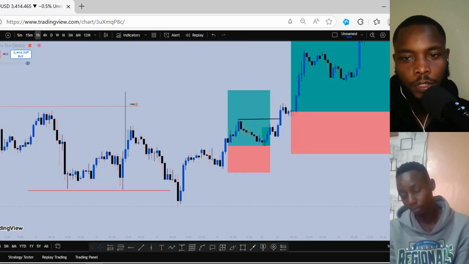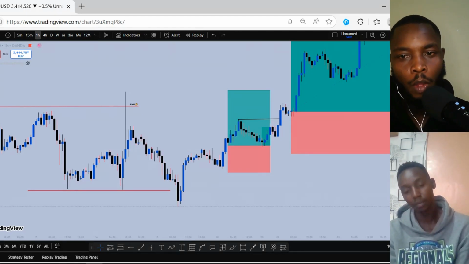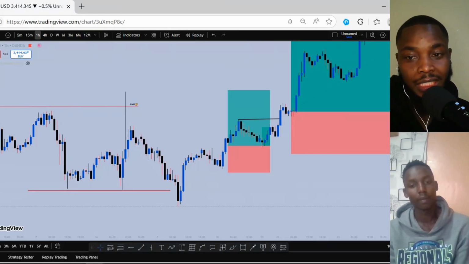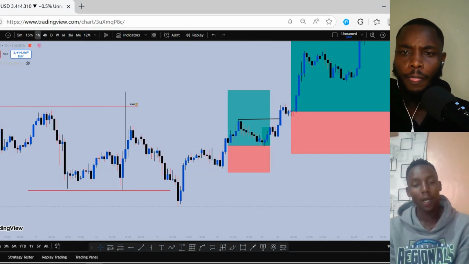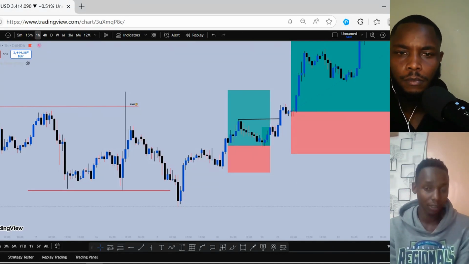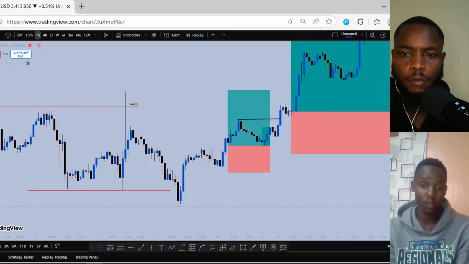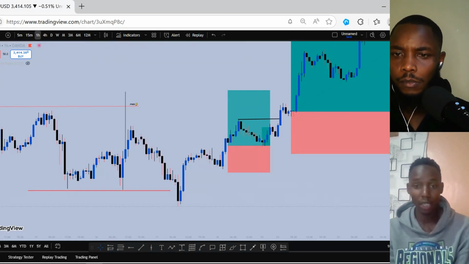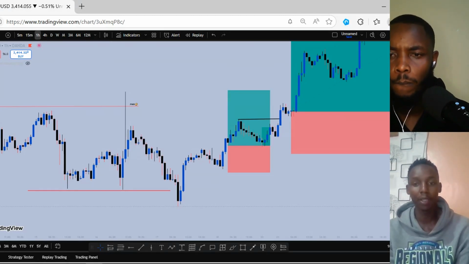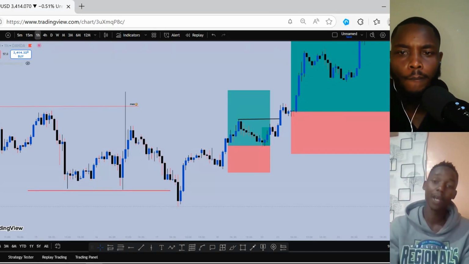You have talked about journaling. How often do you journal, and how do you think journaling has been beneficial in your trading? I think journaling is very important as a trader, and also as a person, because that's where growth happens, right? For you to grow, you need to identify where you went wrong.